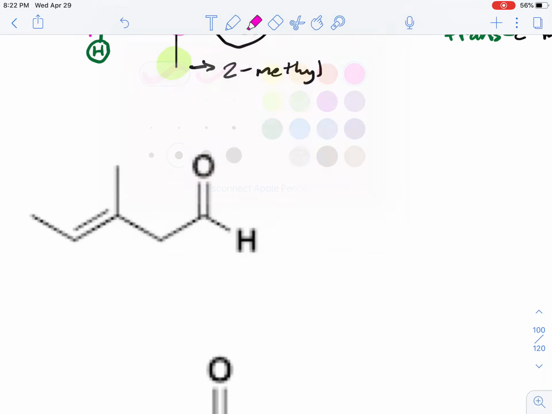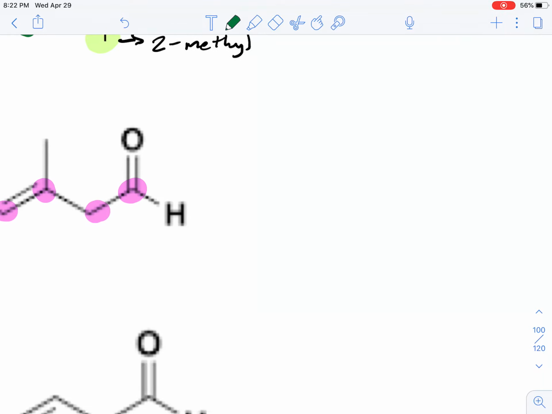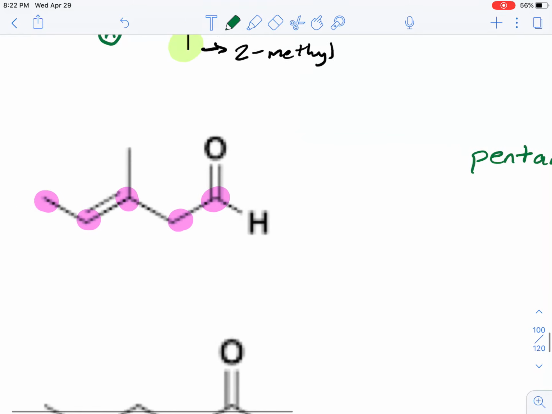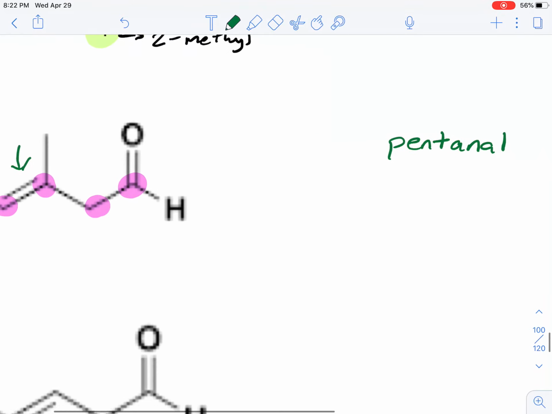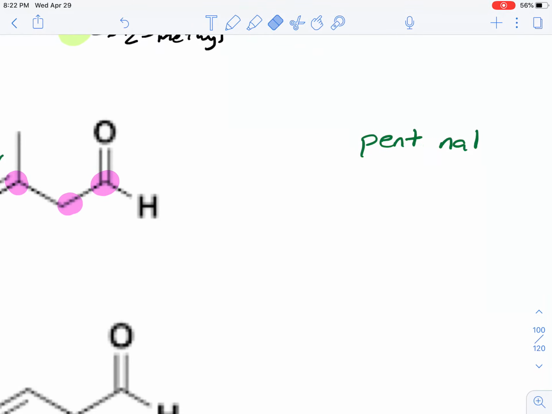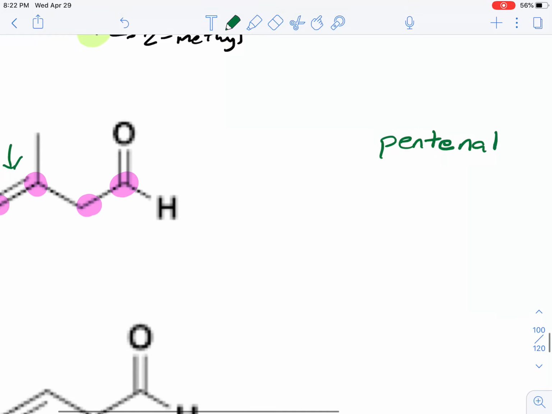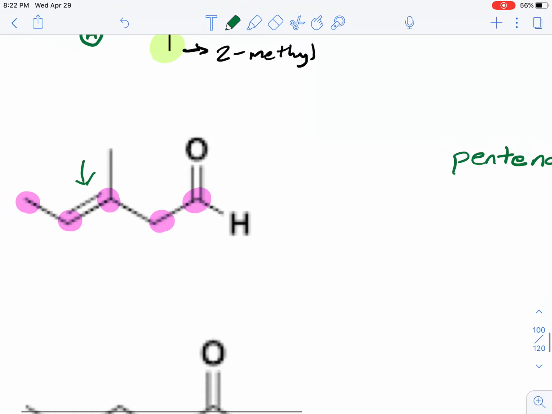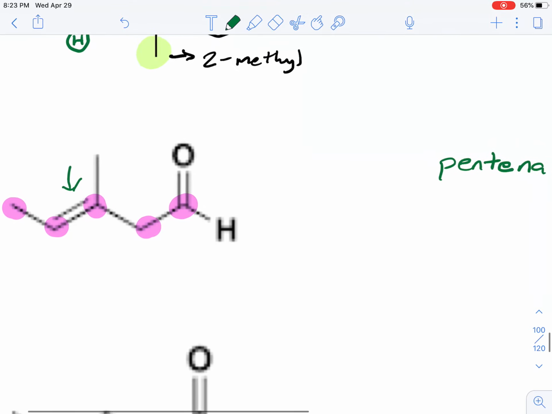So longest carbon chain, 1, 2, 3, 4, 5. So it looks like I have a pentanal initially. But I see that I have a double bond, so I'm going to erase this A and convert it to an E. Okay, so this is pentenal.